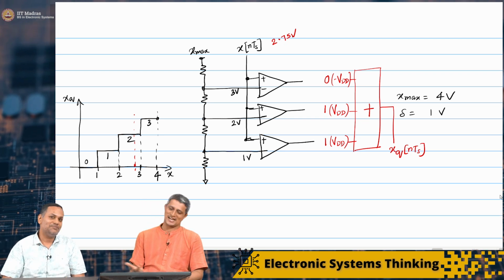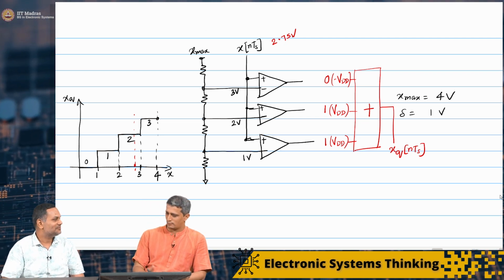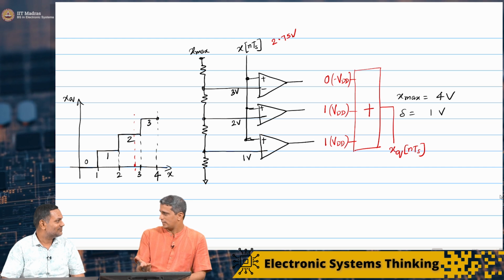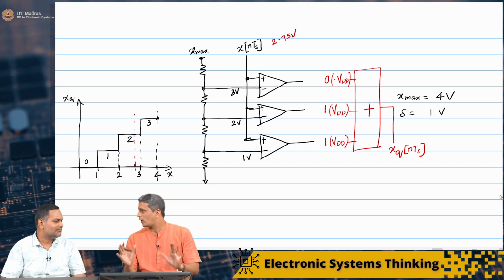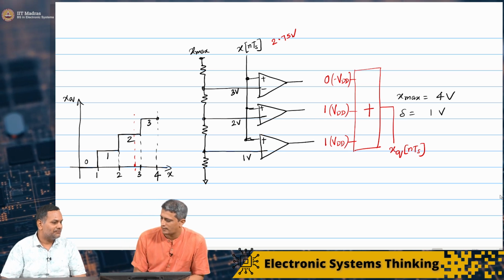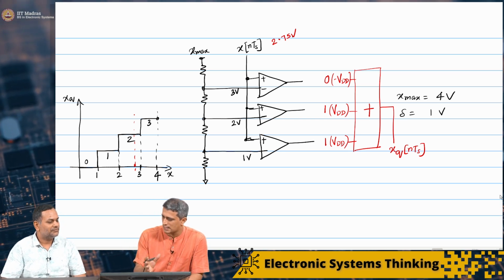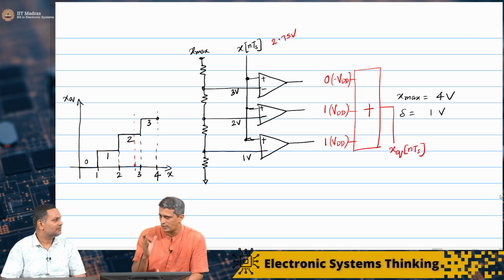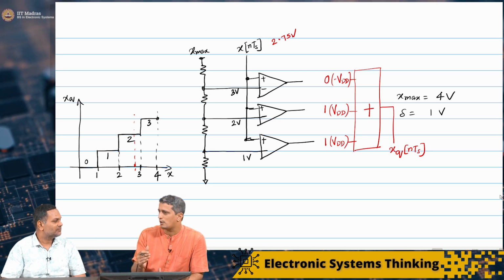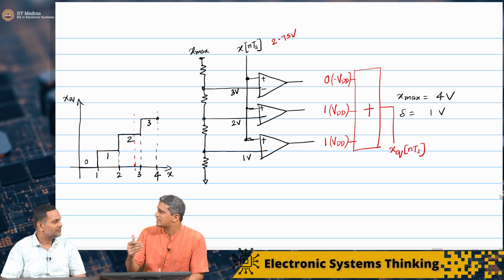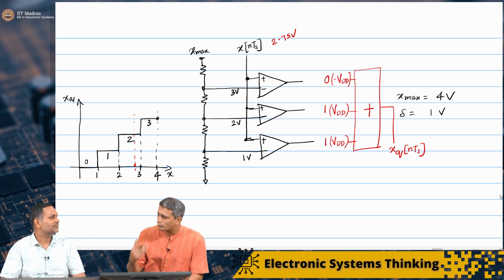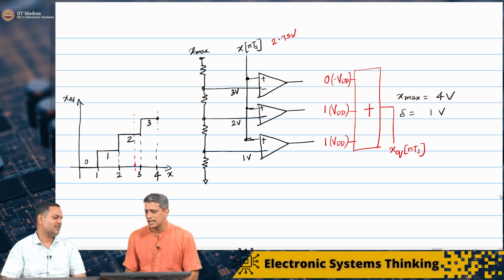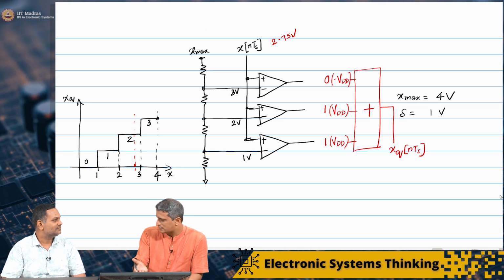That makes it a very popular ADC, and it's probably the simplest thing to understand conceptually. The ADC is an integral part of any sensing engine. Anything analog that has to come into a computer has to first meet an ADC.